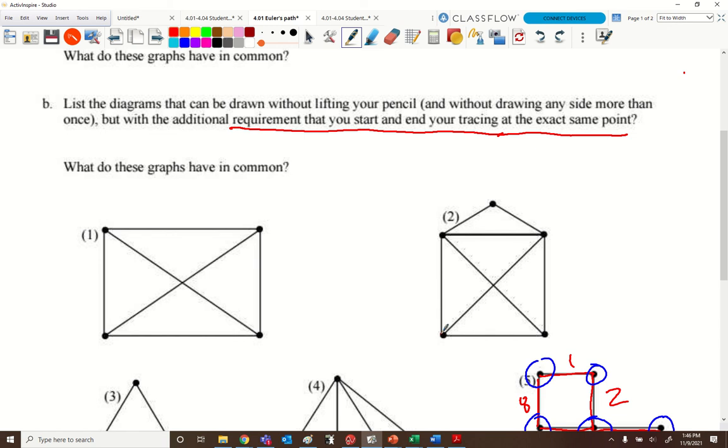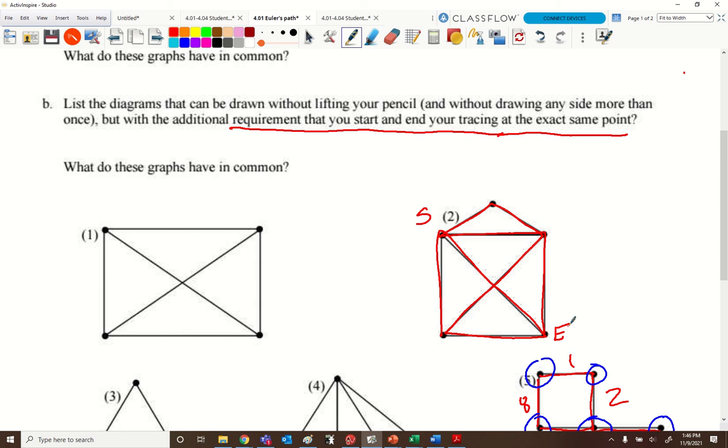I think we start here, right? Oh, you're so smart. There we go. Now, I started here, but I ended here, right?